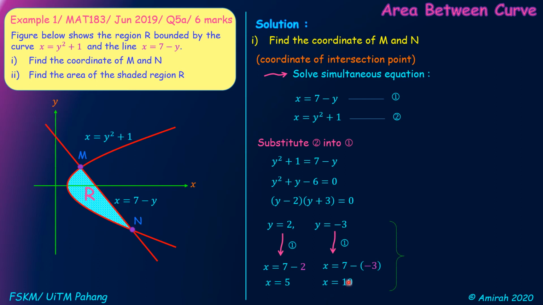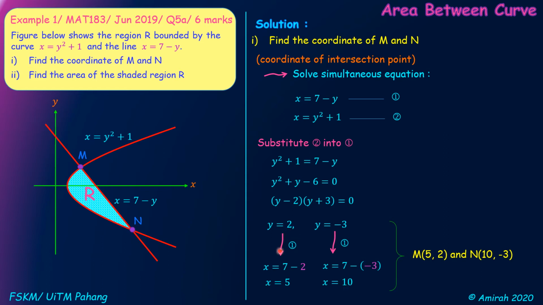Okay. Alright. So now we need to write coordinate M and N. Since M is on the left side, to be logical, our x for M should be 5. And our N on the right side should be 10.